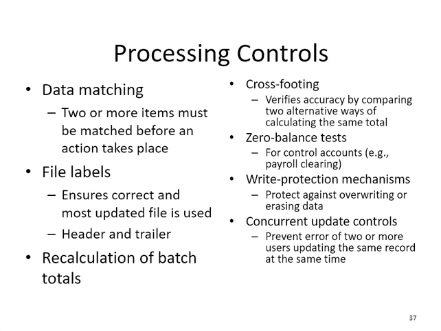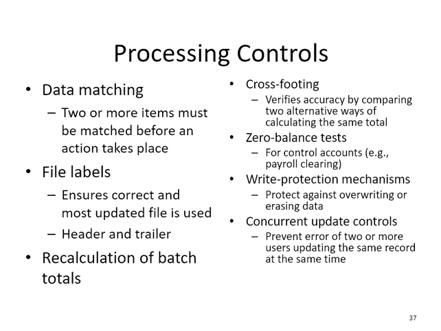Next is file labels. File labels need to be checked to ensure that the correct and the most current files are being updated. The two important types of internal labels are header and trailer records. The header record is located at the beginning of each file and contains the file name, expiration date, and other identification data.